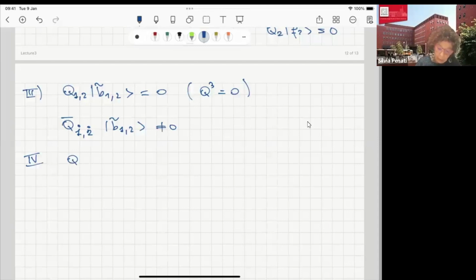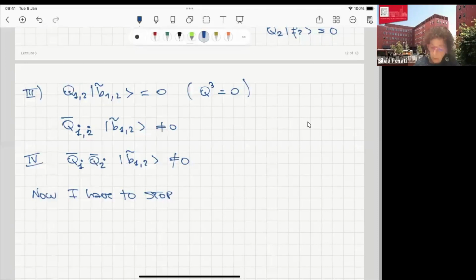I can certainly apply Q bar 1 dot, Q bar 2 dot to B tilde 1 or B tilde 2. This is still non-zero. But at this point, I have to stop, because if I keep applying Q bar, I will generate Q bar cube, which is 0.